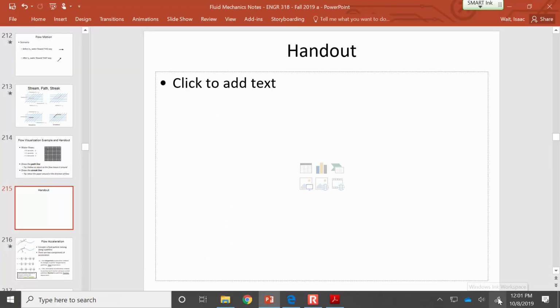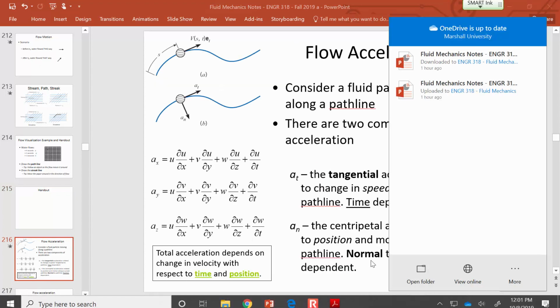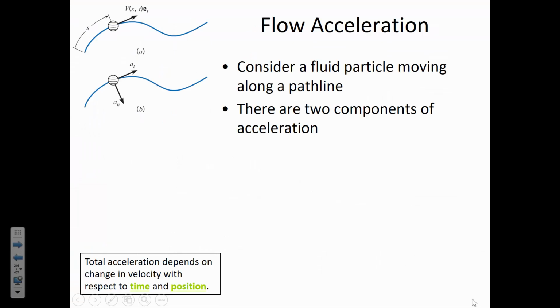All right. Let's talk about flow acceleration. We've been talking about changes in velocity, and so it's acceleration that's associated with the change in velocity. And if we have a particle moving along a path line, there are two components of its acceleration: the component that's tangential and the one that's normal.